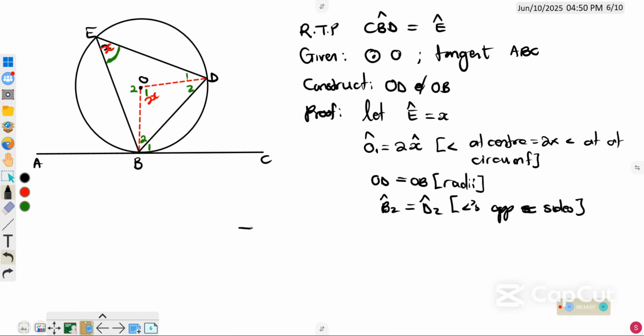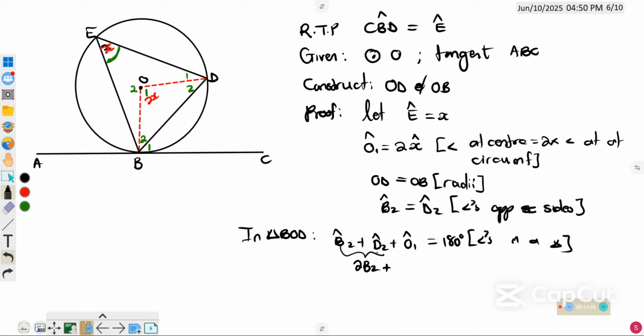In fact, if you look at the triangle BOD, we have the following. If we add the angle B2 to the angle D2 plus the angle O1, this should give us 180 degrees, because these are angles in a triangle, sum of angles in a triangle. But we have these two equal to each other. So we can just say it's 2B2 plus O1, which was calculated to be 2x, is equal to 180 degrees.